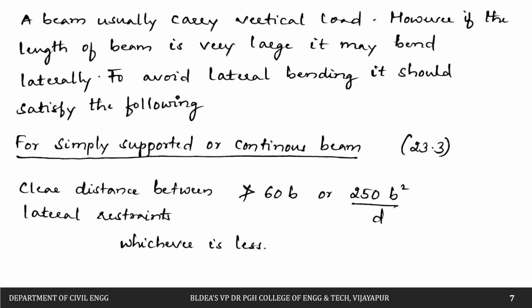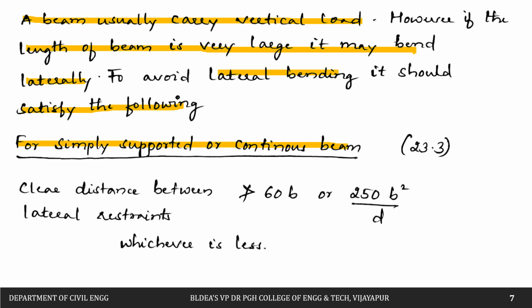Usually a beam carries vertical loads, but if the length of the beam is very large, it may bend laterally also. So to avoid the lateral bending, it has to satisfy the following criteria for a simply supported or continuous beam.